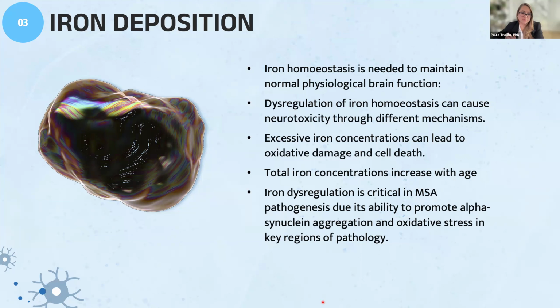In MSA, along with this accumulation of alpha-synuclein, there are other things happening simultaneously, such as iron accumulation, loss of brain cells, and inflammation. And studies have found that higher iron levels in specific brain areas of people with MSA can be observed in MRI scans.